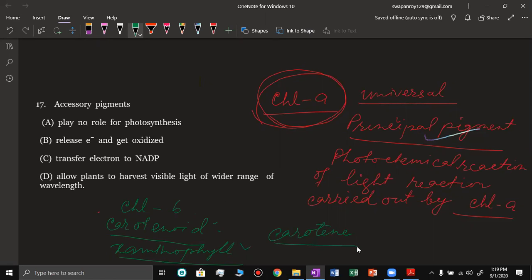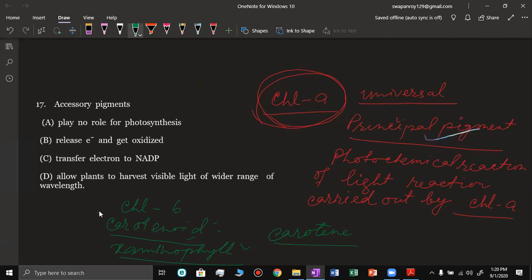In the NCERT book, they have mentioned carotenoids and xanthophyll, but carotenoids actually include the carotene and xanthophyll. Carotene and xanthophyll together are known as carotenoids.